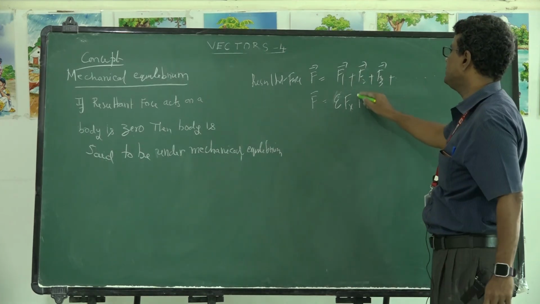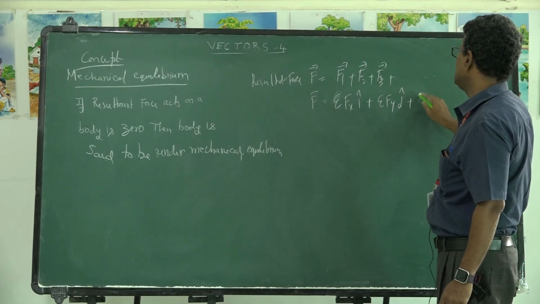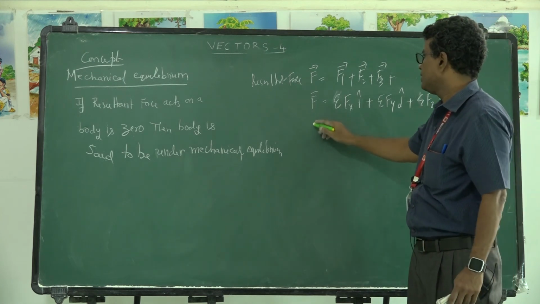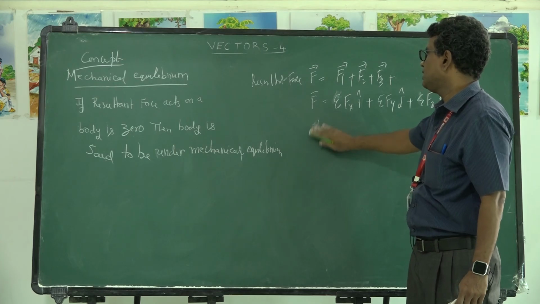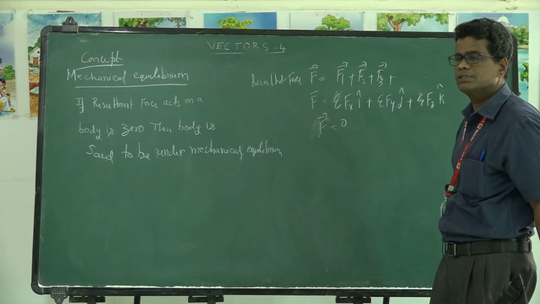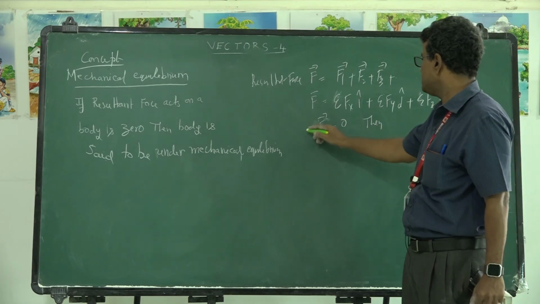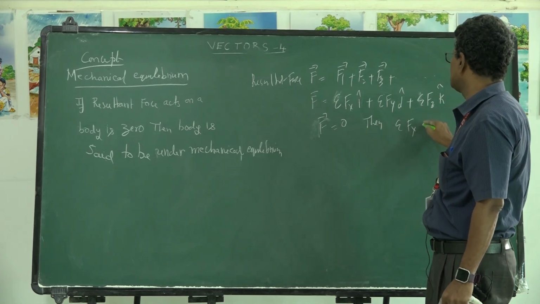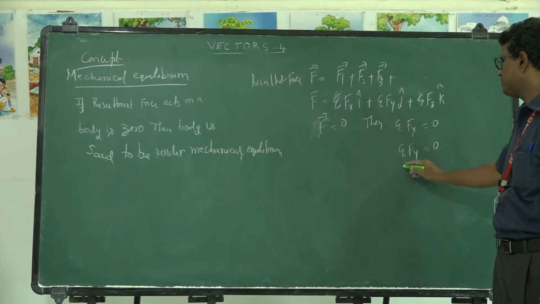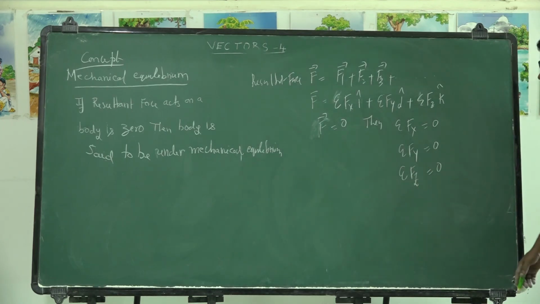Summation of all x components into i cap, summation of y components into j cap, summation of all z components into k cap. If it is under equilibrium, F bar, the resultant force, should be zero. Then sigma Fx should be 0, sigma Fy should be 0, sigma Fz should be 0. Okay?